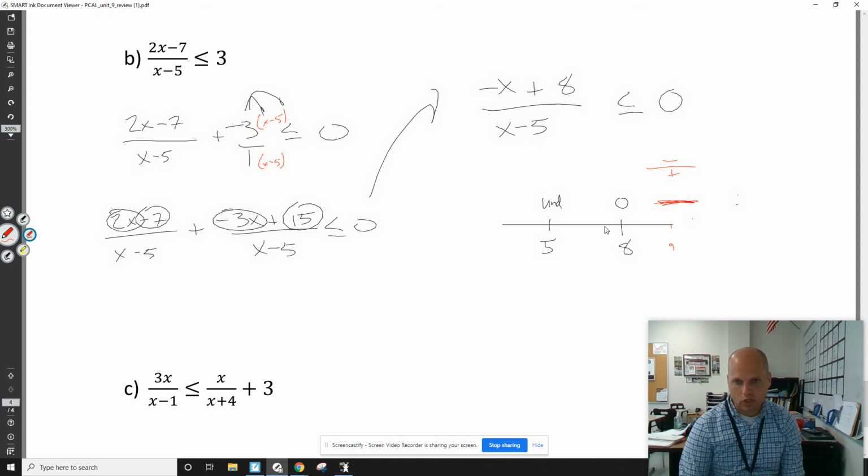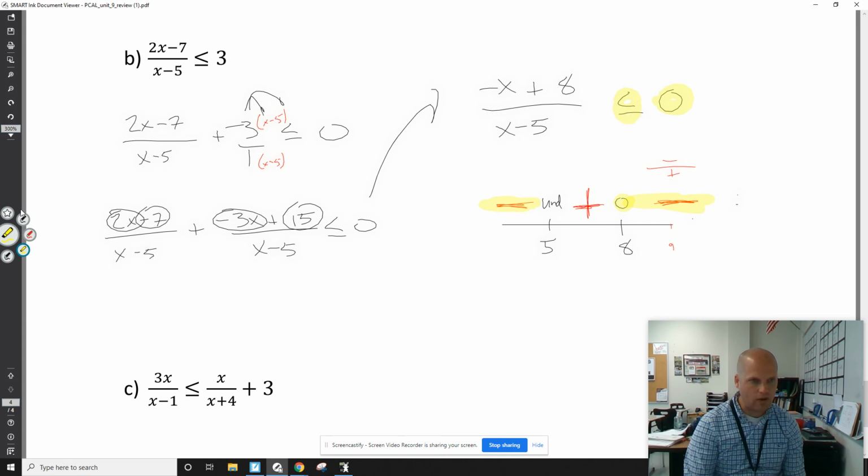Now, these roots occur just once. I know for a fact, because of the multiplicities, that we will be changing signs. You could test 6. If I test 6, positive, positive, positive. Test 1, positive, negative, negative. You could test all your intervals if you want to. I like to use multiplicities. We're looking for less than or equal to 0, here and here.